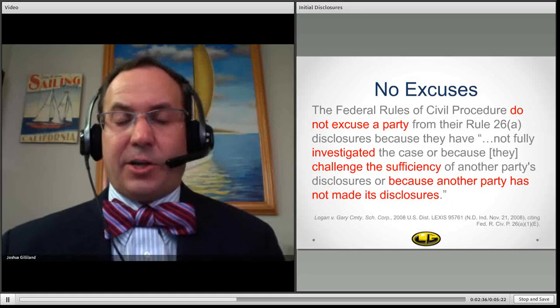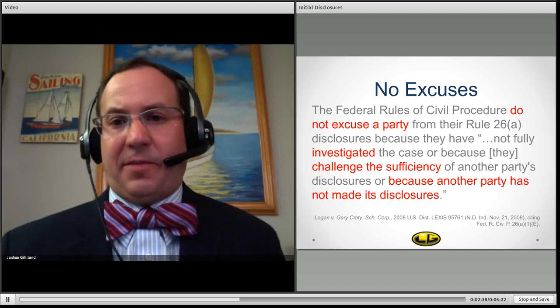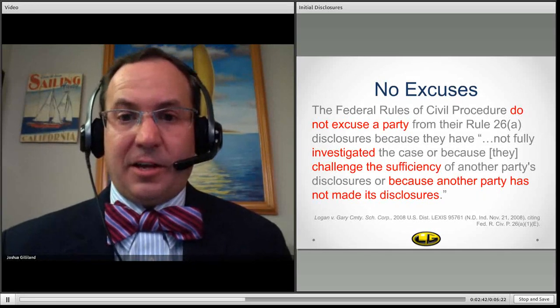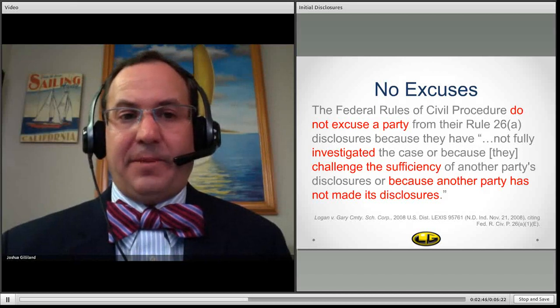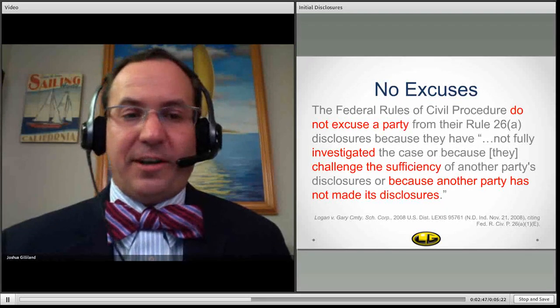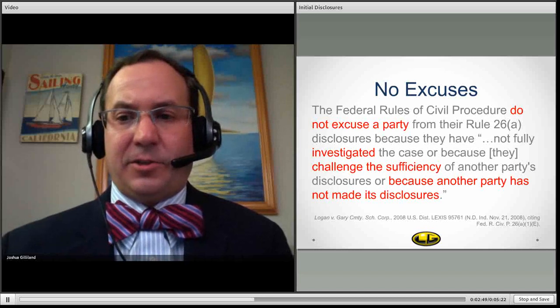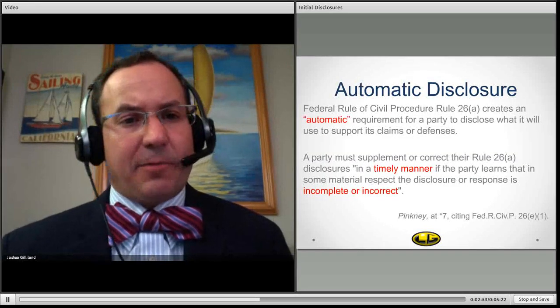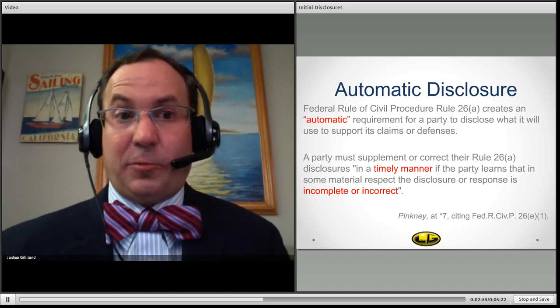So, you have to investigate. You can't say, oh, we haven't had time, or any of those things, or that the other party hasn't made their initial disclosures, therefore you're not. That doesn't give you an excuse because this is an automatic requirement under the Federal Rules of Civil Procedure.